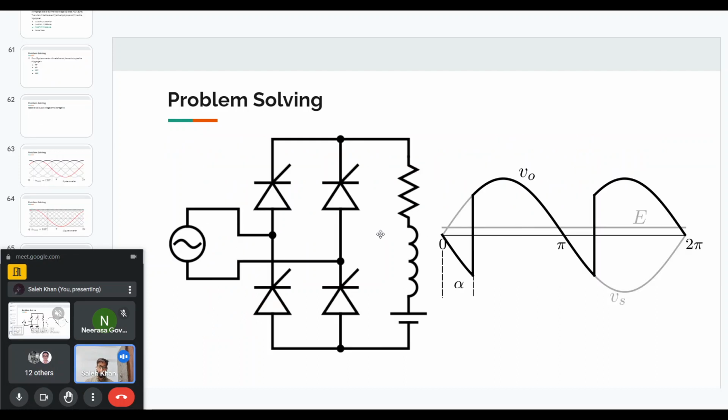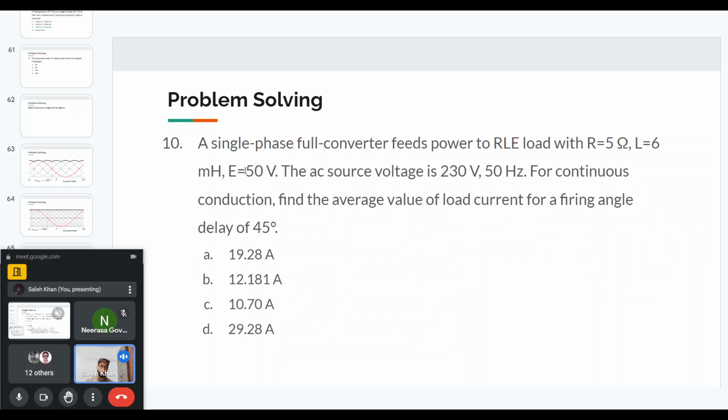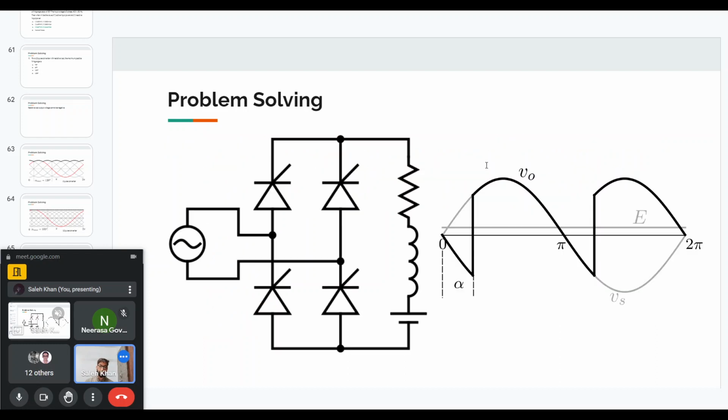What is important to understand here is whether this E voltage will have any effect on the conduction. Because this E voltage is quite low, only 50 volts, while the AC source voltage is 230 volts, the peak will go around 325 volts or so. So the E voltage is quite low.